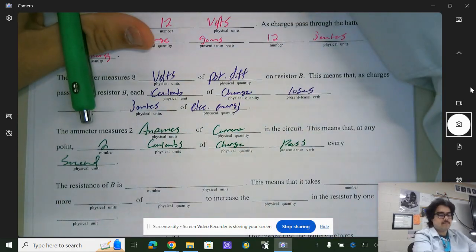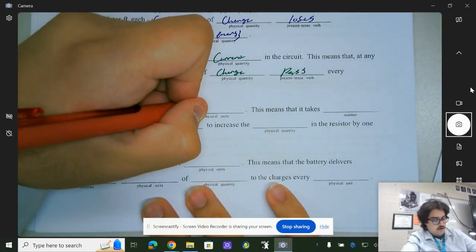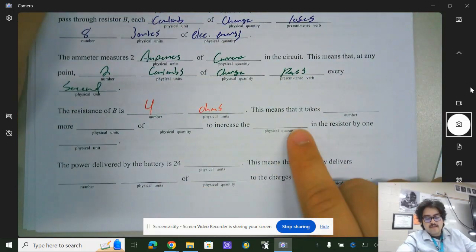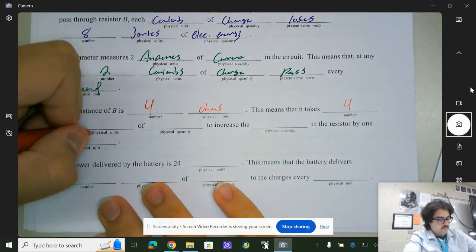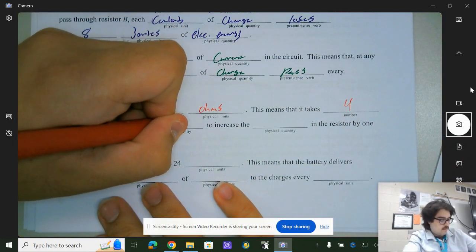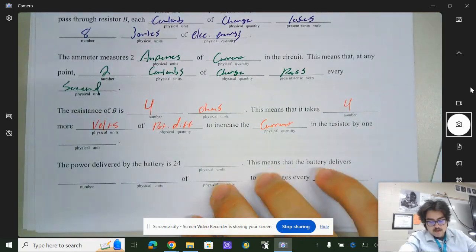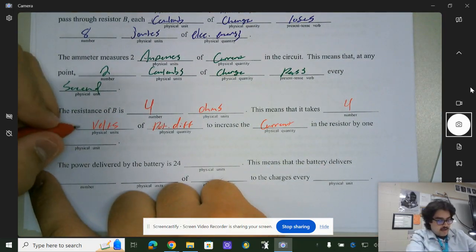The resistance of B is 4 ohms. This means it takes 4 more volts of potential difference to increase the current in the resistor by 1 ampere.